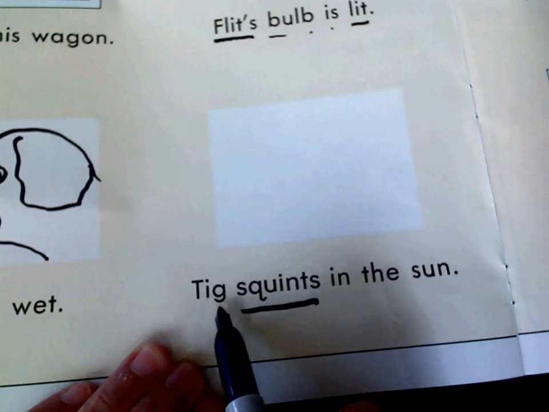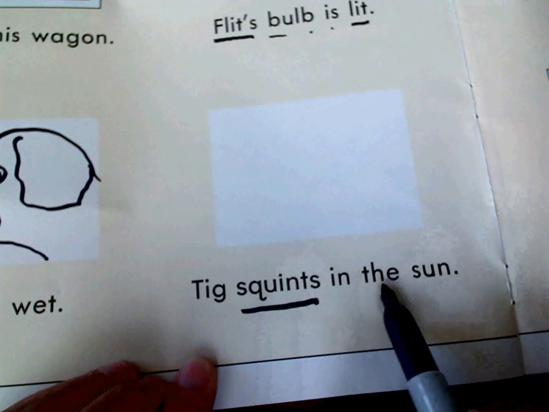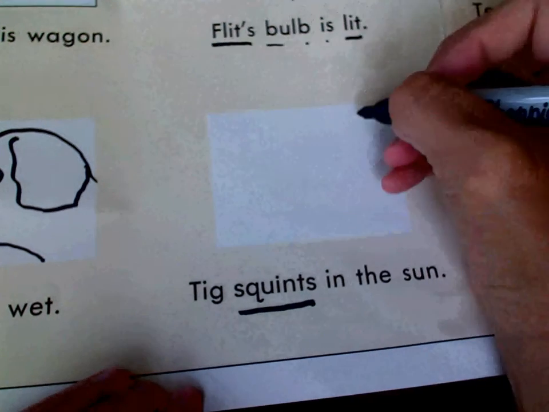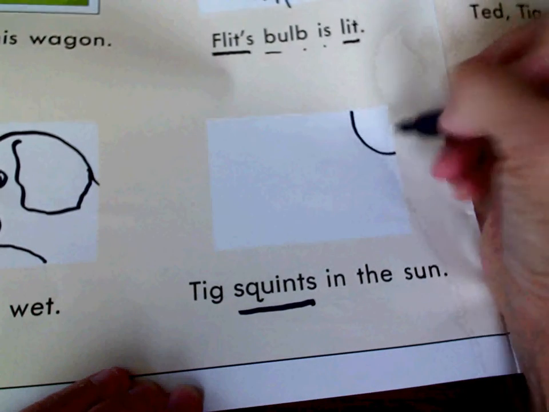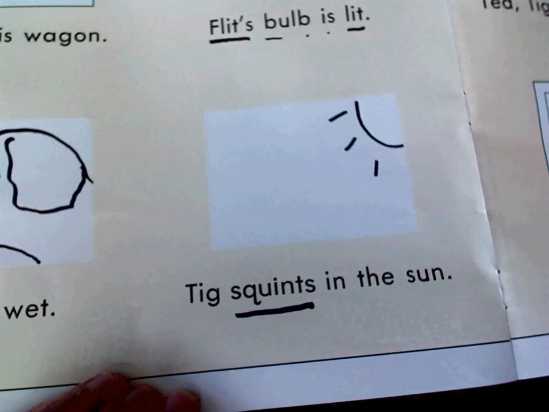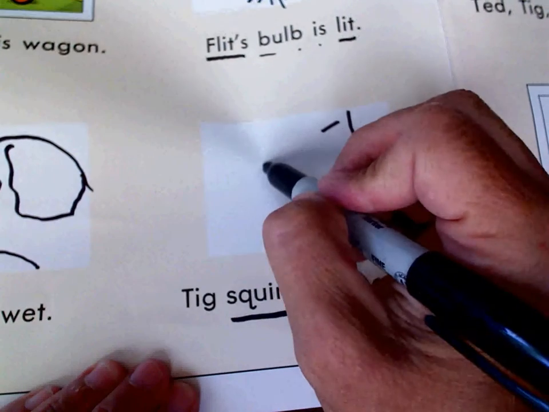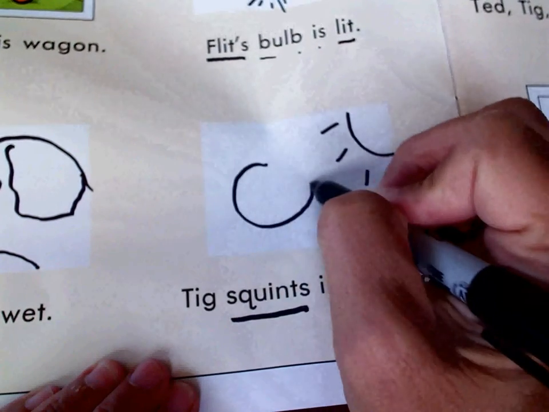Tig squints in the sun. Remember, boys and girls, when you squint, you are hiding your eyes from the sun. So the first thing I'm going to do is draw a sun in the corner. The next thing I'm going to do is draw a tiger face. Remember, Tig is a tiger.